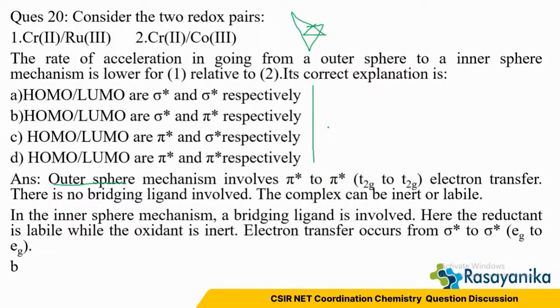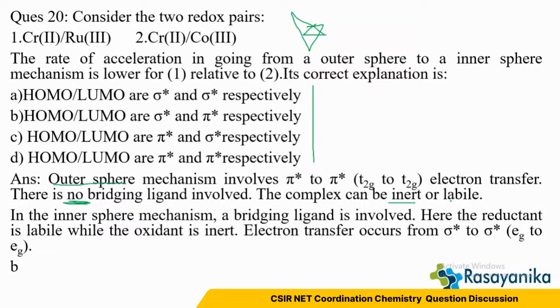The electrons are transferred from a complex having T2g to another complex having T2g. So there is no bridging ligand. This is very important. However, exceptions are also there, but that is not required here. So you can see that there is no bridging ligand involved for the outer sphere.